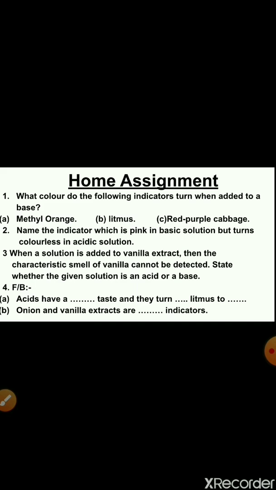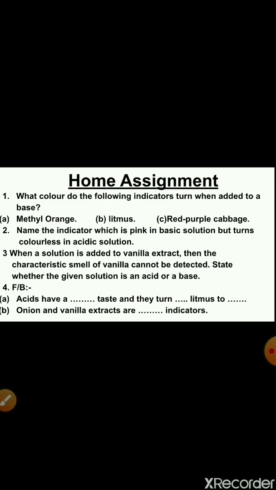Question number 2, name the indicator which is pink in basic solution but turns colorless in acidic solution. Question number 3 is, when a solution is added to vanilla extract, the characteristic smell of vanilla cannot be detected. State whether the given solution is an acid or a base.